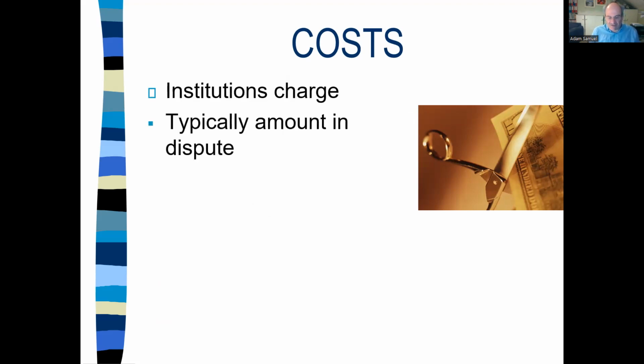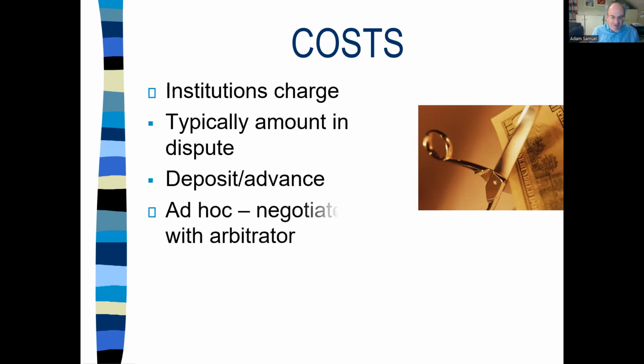We talk a lot about costs in arbitration. We don't necessarily always talk about them sensibly because the area is a difficult one. Institutions are always going to charge on the basis of what's in dispute, a deposit or advance, and then the ultimate fee. In ad hoc arbitrations, you have to agree your fees with the arbitrator or arbitration tribunal, and that could produce 3 arbitrators being paid 3 different sums of money, which is not ideal.